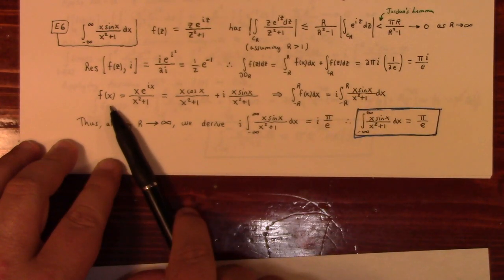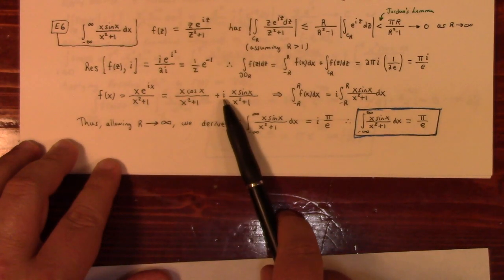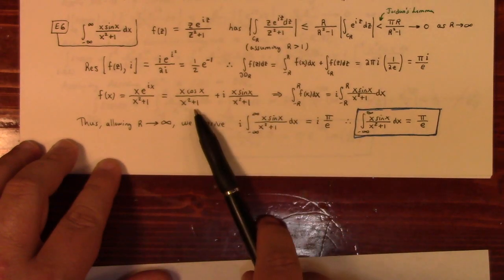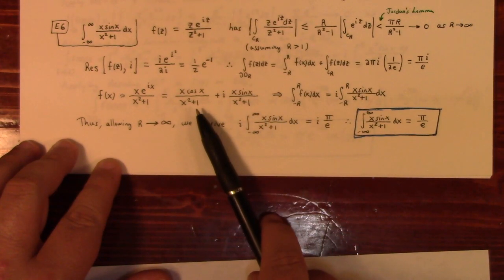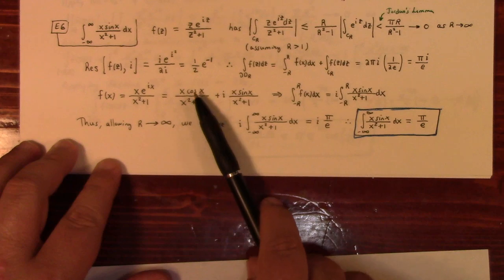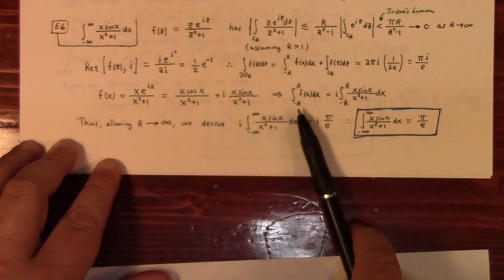But remember, the function that we're integrating is actually x cosine x over x squared plus 1 plus i x sine x over x squared plus 1. Notice here that the x cosine x over x squared plus 1 is actually odd in this case. If you replace x with minus x, you get minus what you started with. In contrast, this is even, so it's okay.